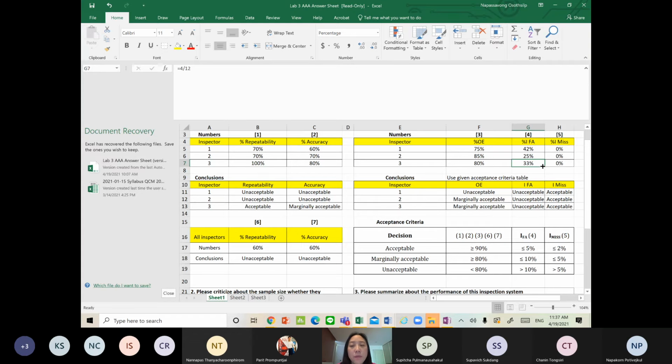But I really recommend that you search on the internet, for example, how to set up good standards for visual inspection, and then you may get more interesting ideas about how to make good standards.